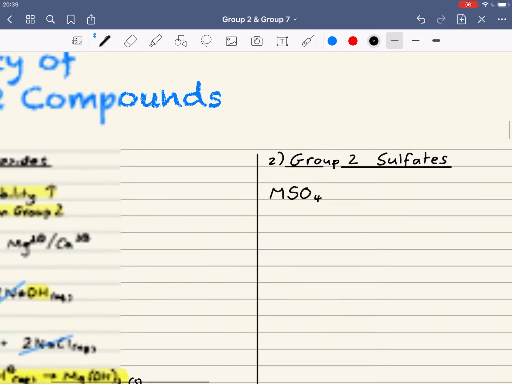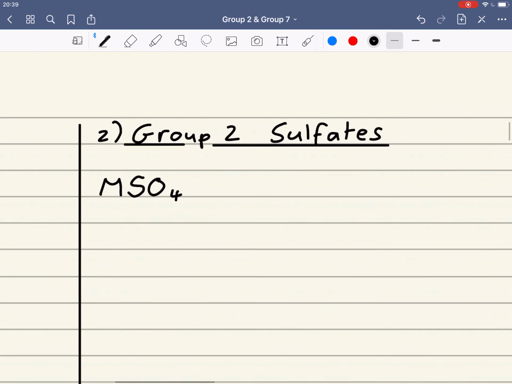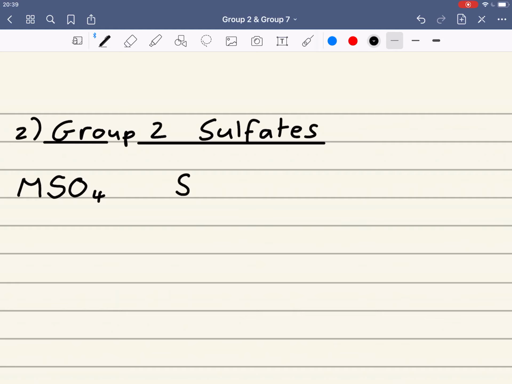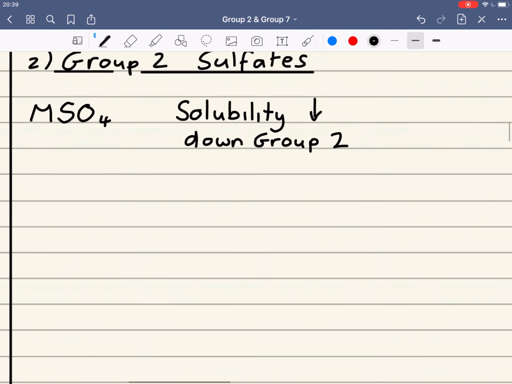And we said there that the solubility of hydroxides increases down group 2. Well, it's the opposite for sulfates. Solubility of group 2 sulfates decreases down group 2.